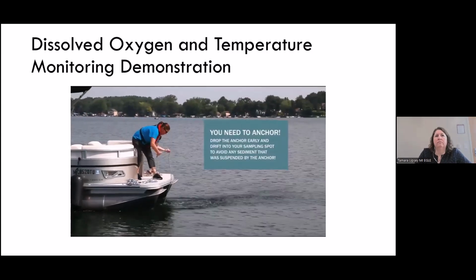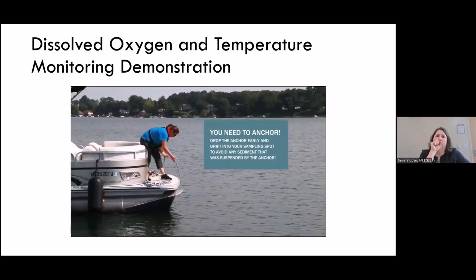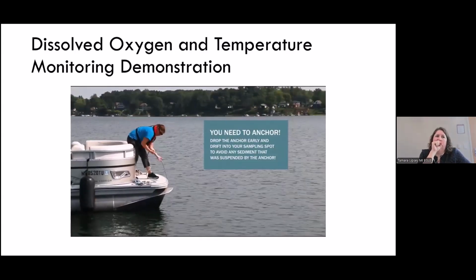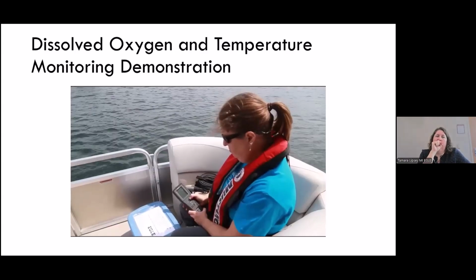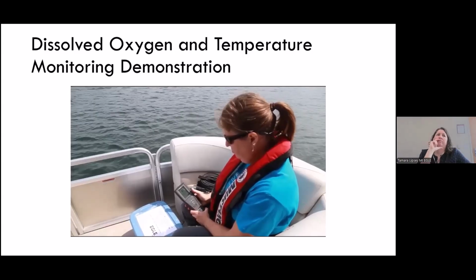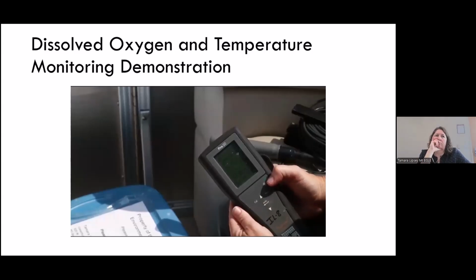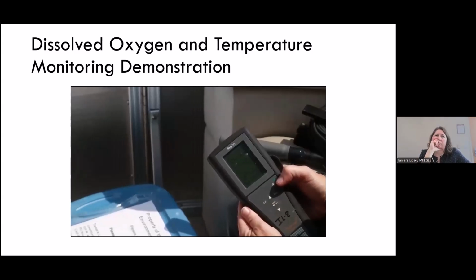The boat needs to be still for a long period of time to get an accurate temperature and dissolved oxygen profile. Be sure to turn on your meter for 5 to 10 minutes to warm up and to calibrate your meter. Details regarding calibration can be found in our YSI Pro 20 calibration video.